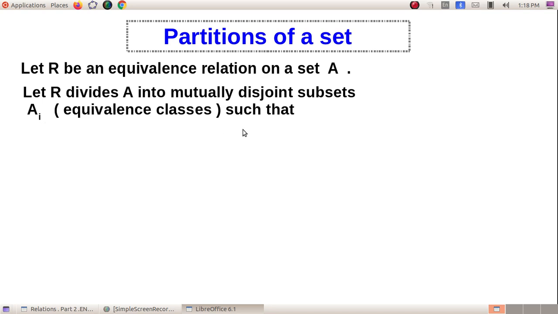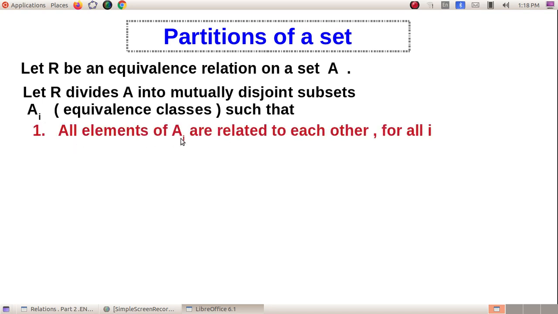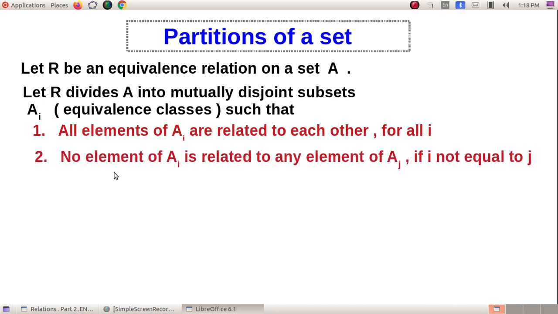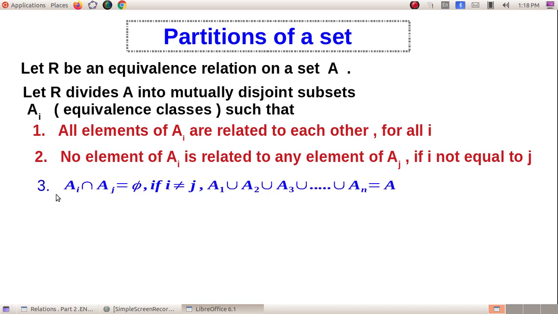Three conditions are there. First condition: all elements of Ai are related to each other for every i. Second, no element of Ai is related to any element of Aj if i is not equal to j. And third, Ai intersection Aj equals empty set if i is not equal to j.